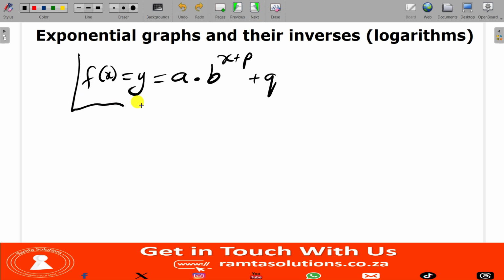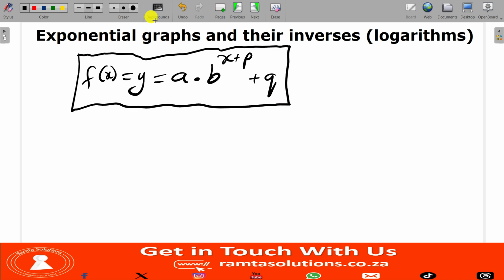The restriction of this equation is that b is not equal to 0, and b is not equal to 1.